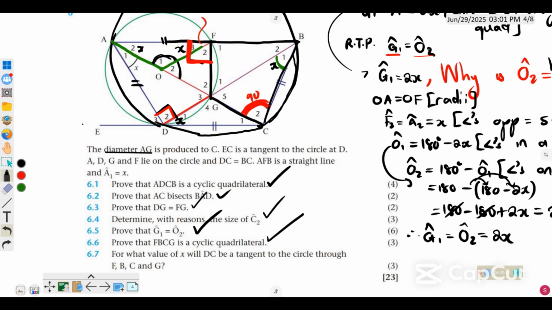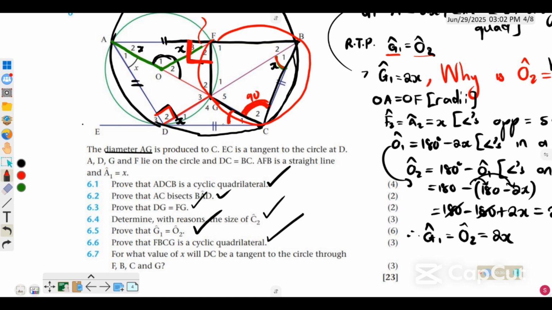For what value of x will DC be a tangent to that? Because if you look at this, if this were to be a tangent to this whole circle that runs through there, in order for this to be a tangent, this angle right here, C1, should be equal to B1.